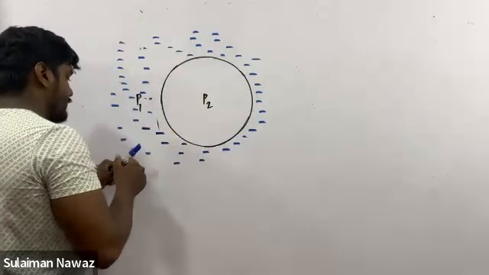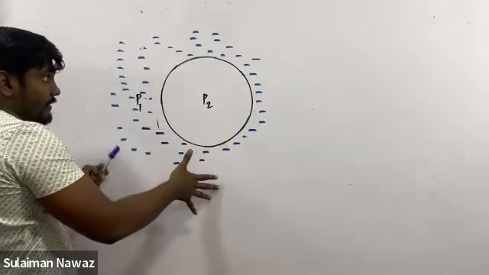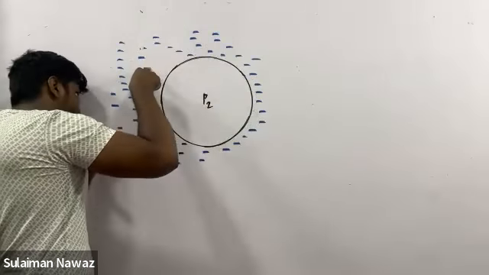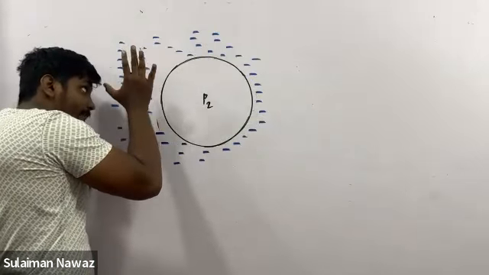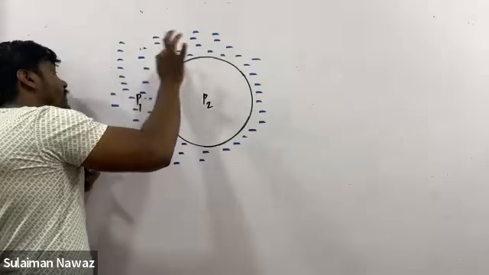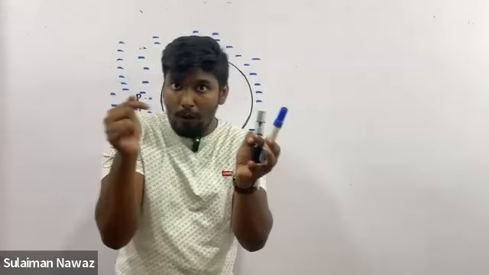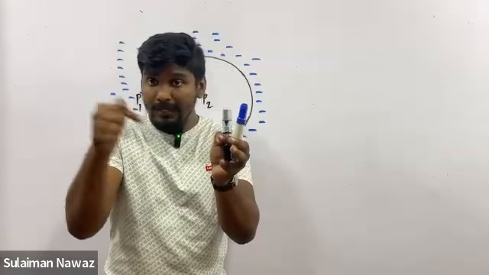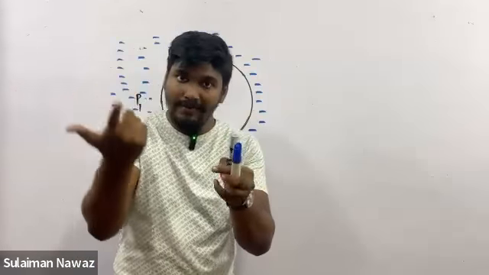Because of the pressure of the liquid, the liquid produces pressure forces on this air bubble, perpendicular to the bubble surface, in all directions. I hope you understand what I'm saying.